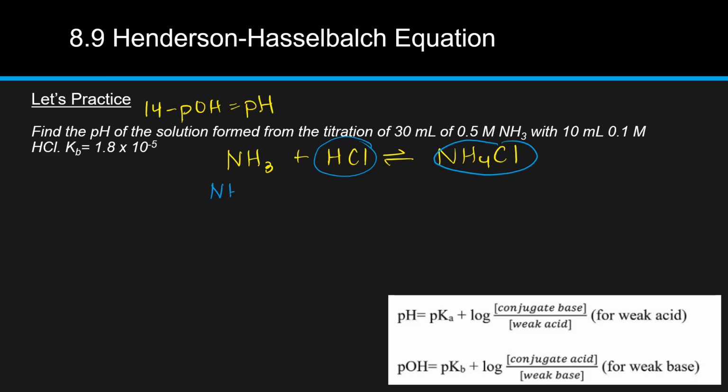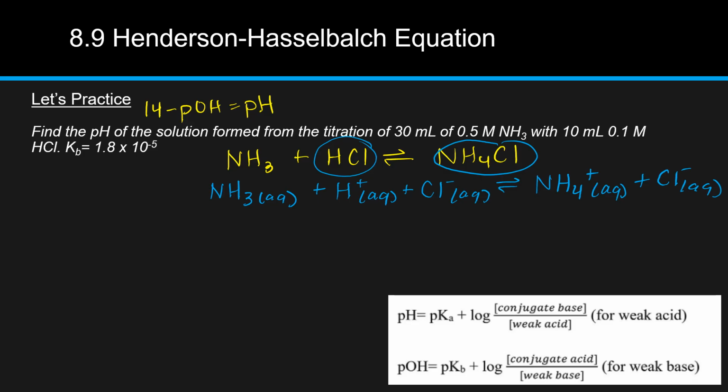So we're going to have NH3 sticking together because it is a weak base. Then HCl is going to dissociate because it is a strong acid. And then NH4Cl is going to dissociate because it's a soluble salt. And this is our complete ionic equation.